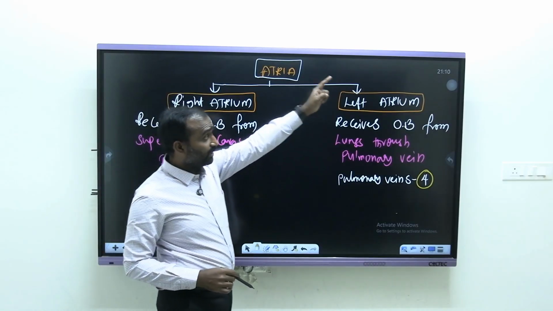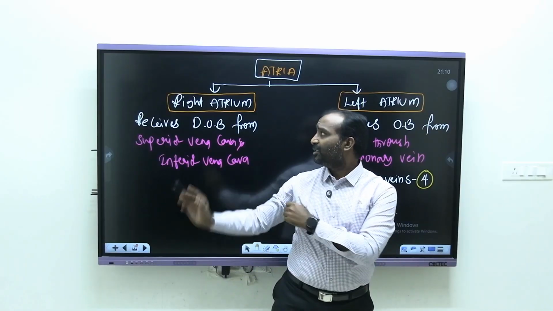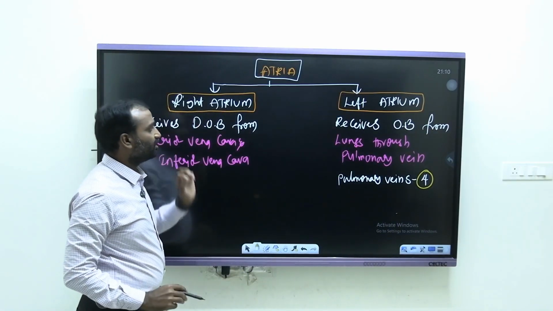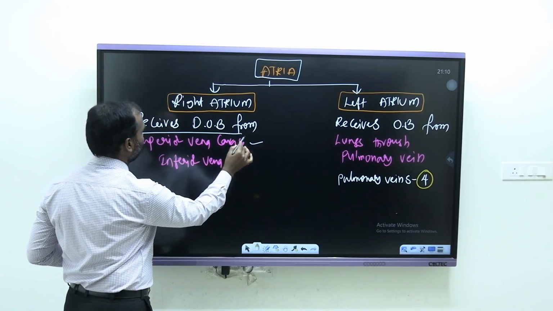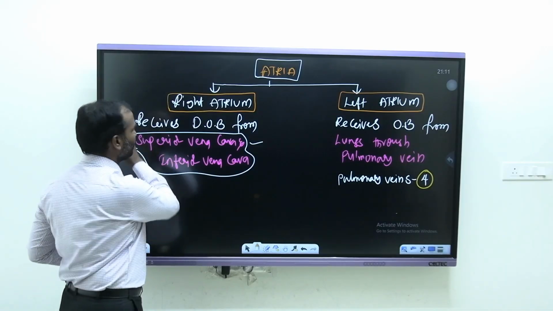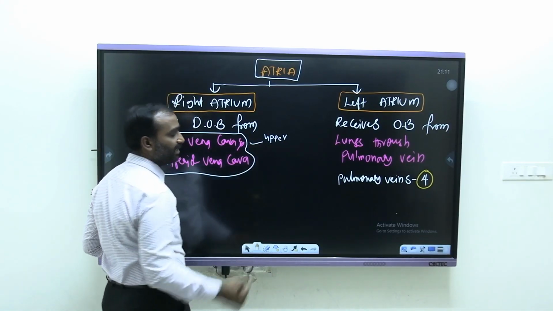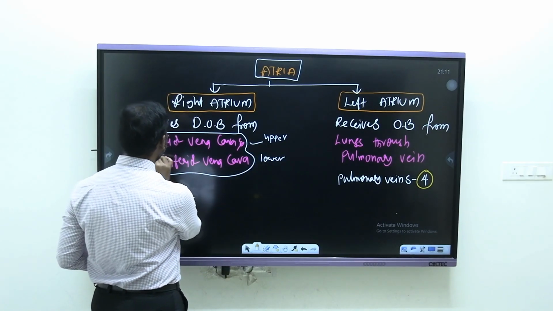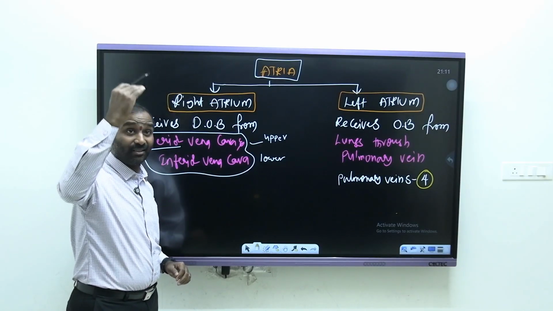That's the reason I have written left atrium on this side and here the right atrium. The right atrium receives deoxygenated blood from the superior vena cava as well as the inferior vena cava. Superior is upper, inferior is lower. Generally we say superior, like a superior officer, meaning higher, upper level.